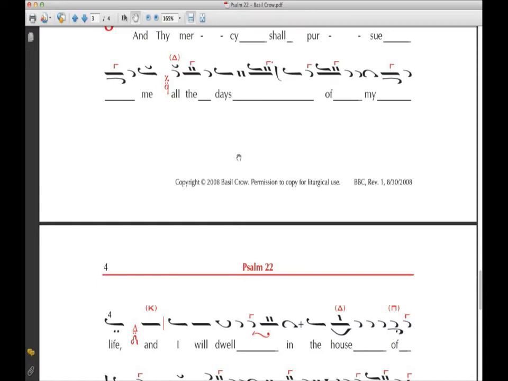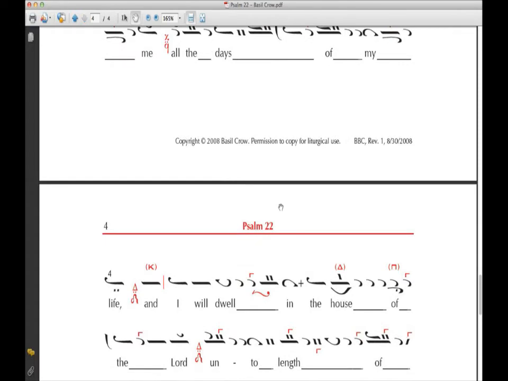You flatten it going down. And then you go back up to ke, and I will dwell in the house of the Lord. So that's the ups and downs, figuring out where zo is, and singing it.